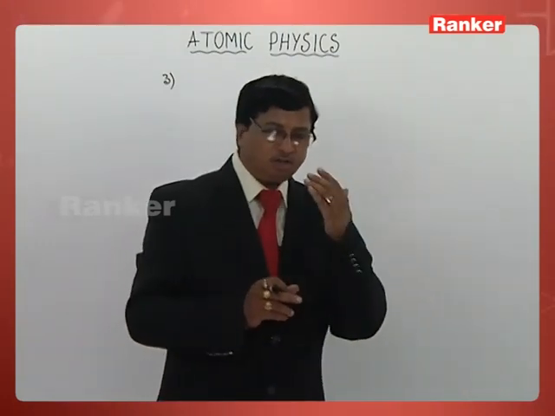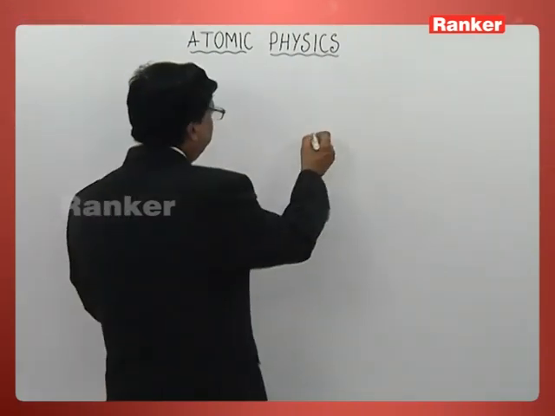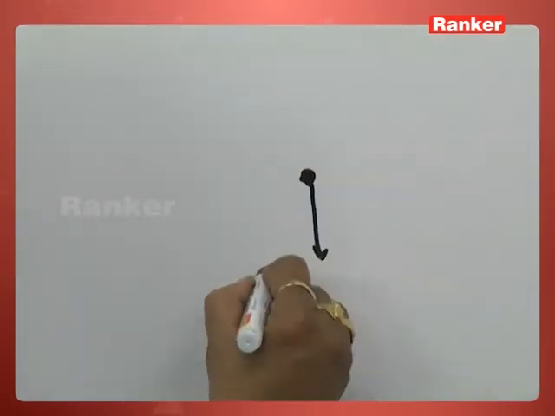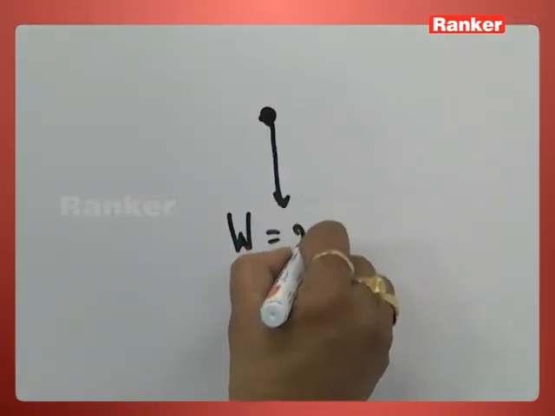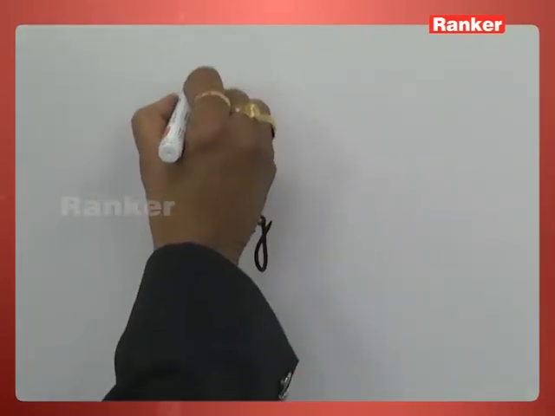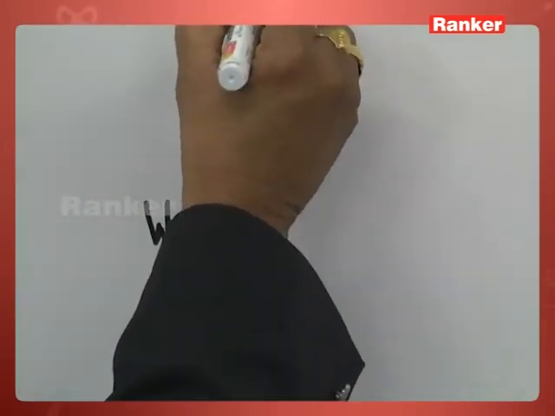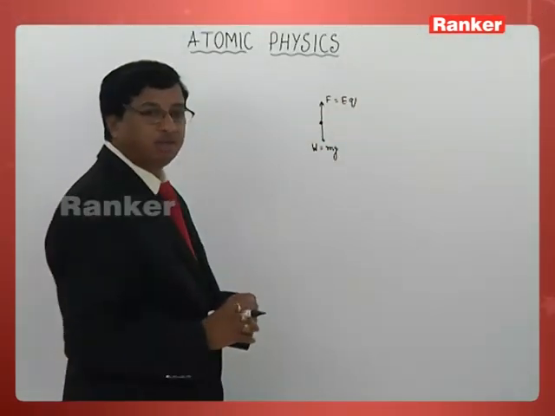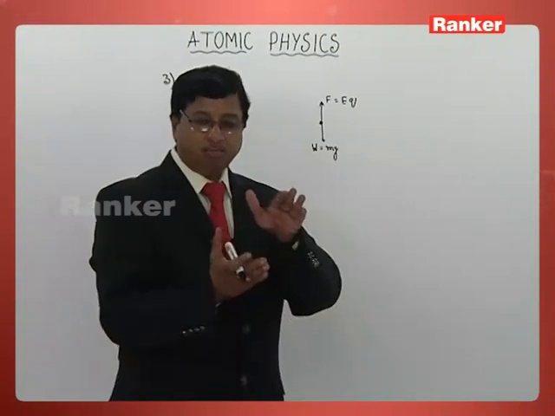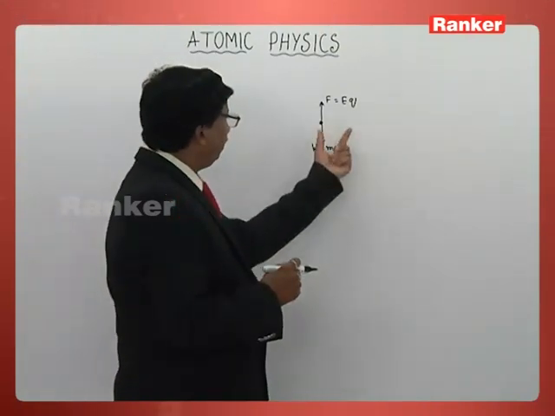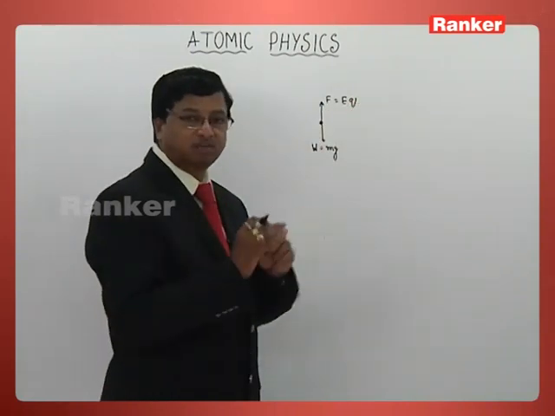That means immediately you should get to your mind that for this particle, its weight acts downward, and the upward force acting on it should be due to the electric field applied between the plates. So you can understand this is the weight and this one is the force due to the electric field.